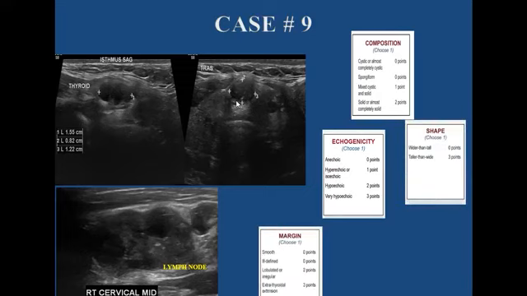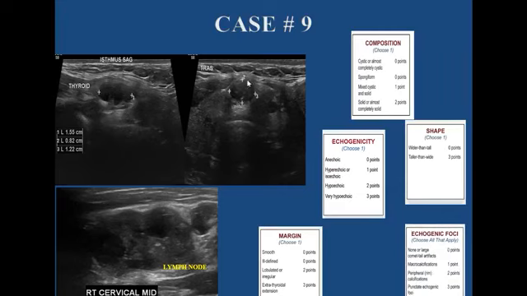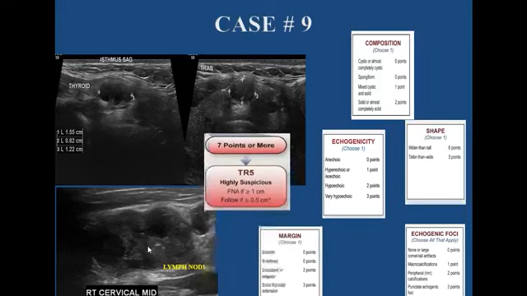This nodule is wider than taller, it has well-defined margin, and it has punctate or microcalcification, so I will give it 3 points. So we have 2 and 3 and 3, 7, corresponding to TIRAD 5. And when we scan the cervical lymph nodes, we find that we have this metastatic lymph node with degenerative change.